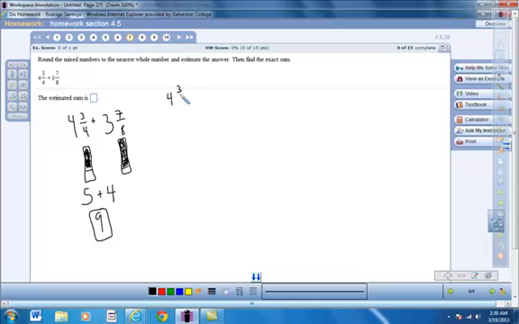Now for the exact. First thing we're going to do, change these mixed numbers to improper fractions. 4 times 4, 16. 16 plus 3, we get 19 over 4. 8 times 3 is 24. 24 plus 7 is 31.